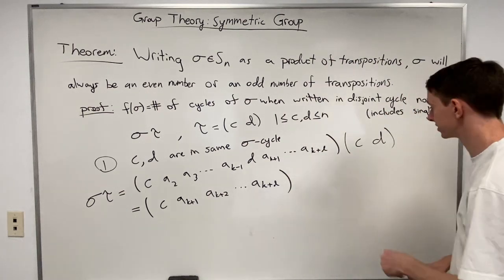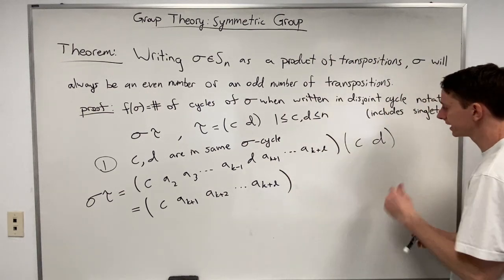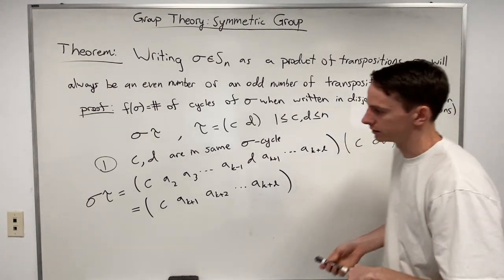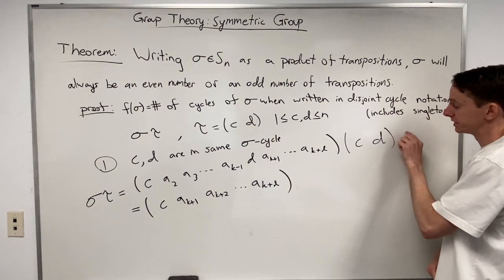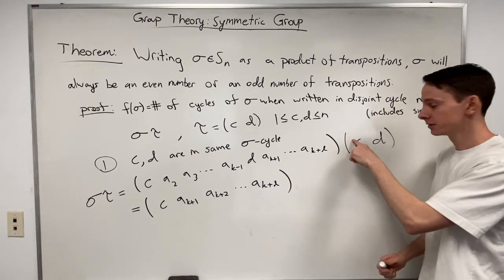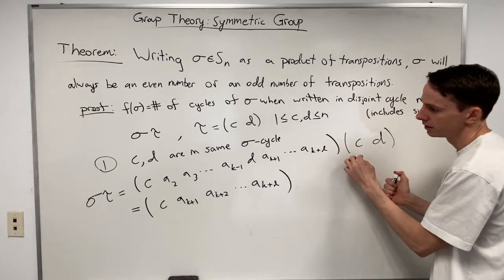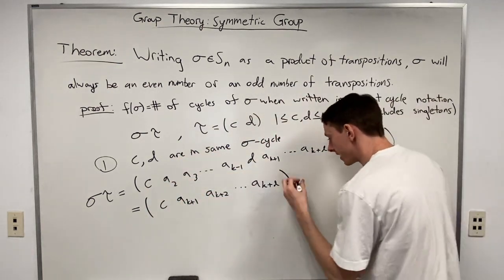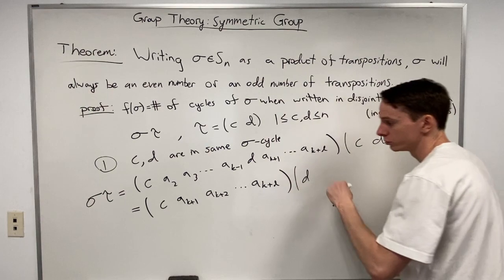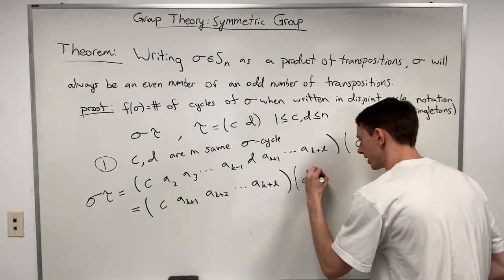Now let's go to the second input, D. Let's say we input D into sigma tau. Well, D gets mapped to C. So now we have C as our input, and then where does C go to? C goes to A2. So for our next cycle, if we start with D, the next value is C, then A2.